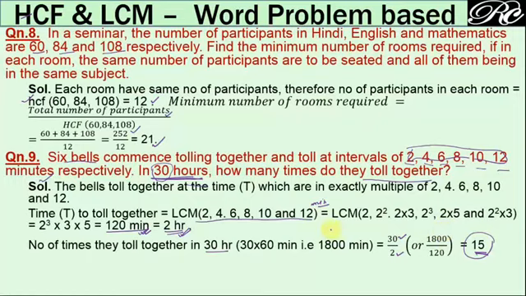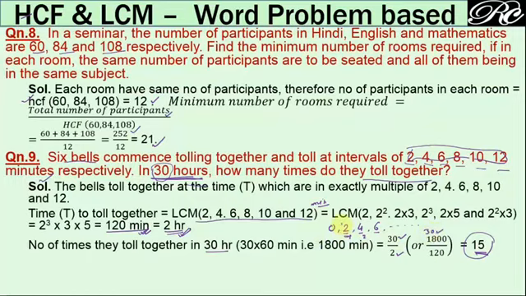Let that beginning time be 0, then after 2 hours they will toll the very first time, then after 4 hours they will toll a second time, then after 6 hours they will toll a third time, and so on. So here this 15 we are getting is counted from this 2, so this is like 1, this is like 2, and so on. Lastly we are getting this 30 as the time they are tolling.